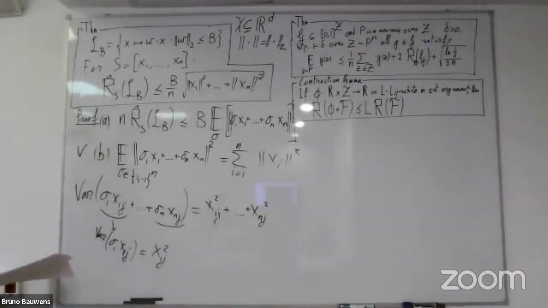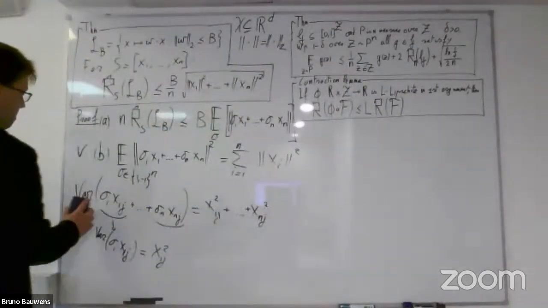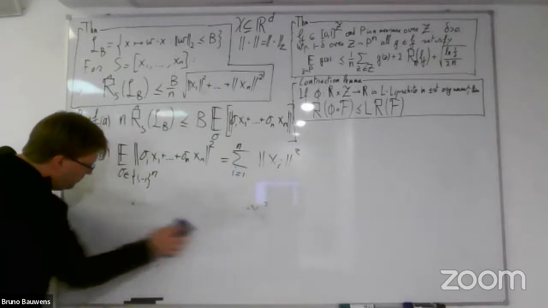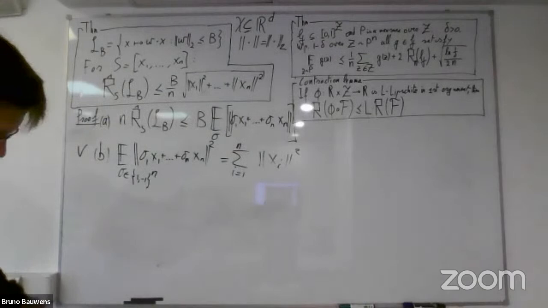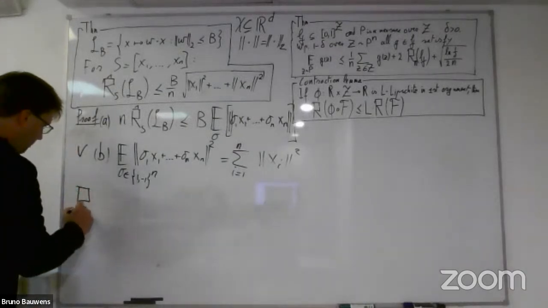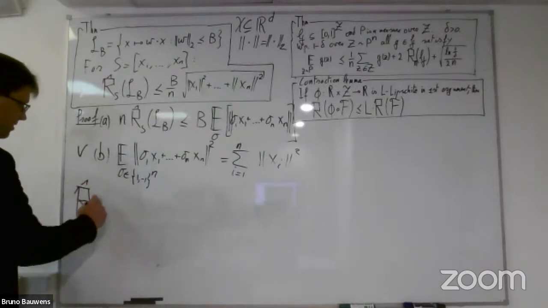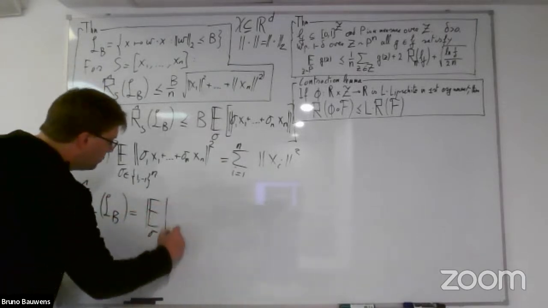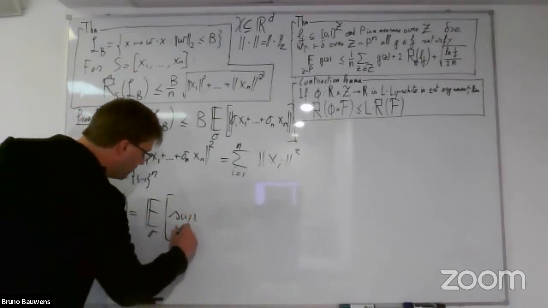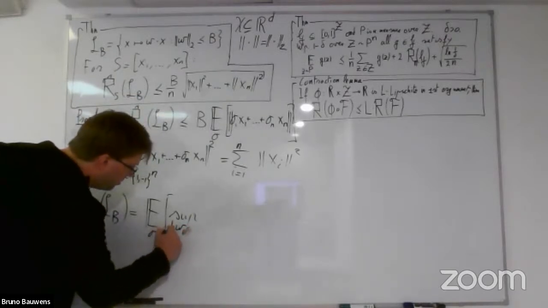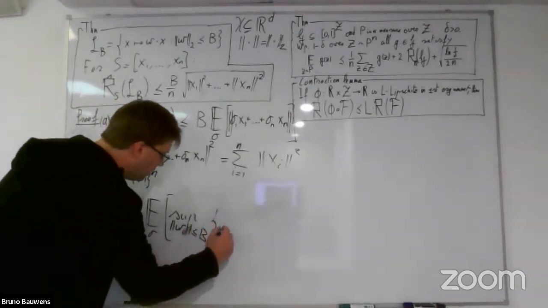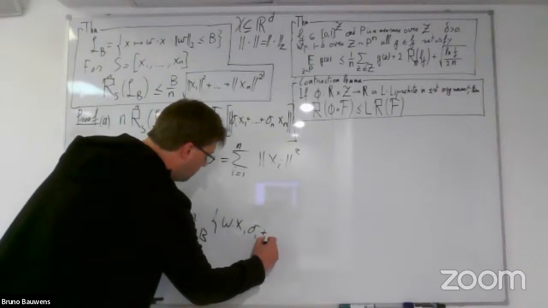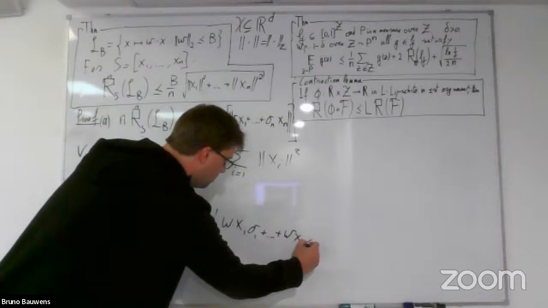Empirical Rademacher complexity of S is the expected value over sigma again of the supremum over W, where W is just a vector with norm at most B, of W times x1 sigma 1 plus W xn sigma n.